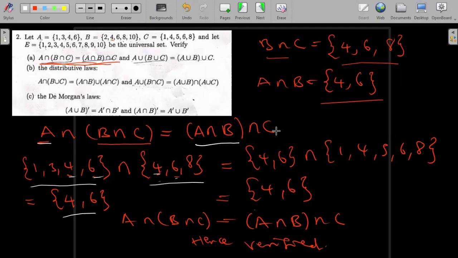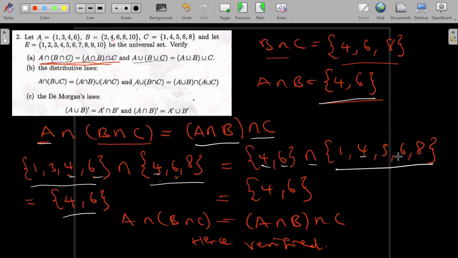Then I check now on the right side. On the right side, I find my A intersect B. So the common elements between A and B are just 4 and 6. So 4 and 6, I list them there. Then there's this intersection sign with the set C, as given in the question. Then I check what elements are common. There's 4 there, there's also 4 there.